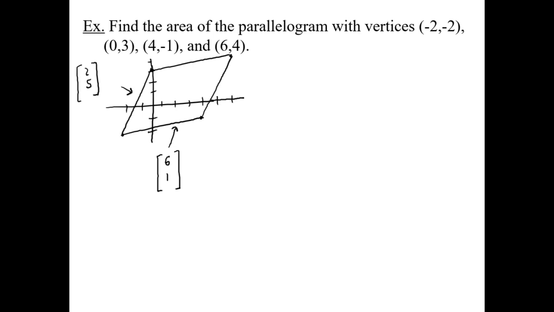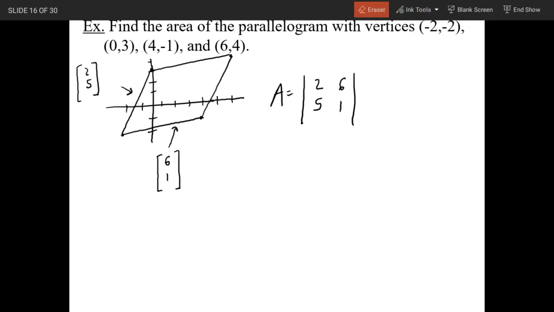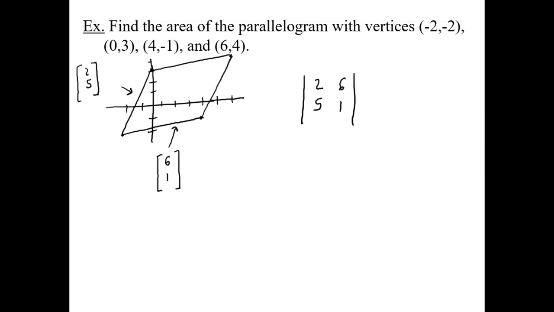So the area that I'm looking for is going to be the determinant of the matrix where one column is 2, 5 and the other column is 6, 1. Actually, let me make one small change, and you'll see why I'm doing this in a second. I'm just going to erase that letter A there for a second. Okay, so let's find the determinant of this matrix.